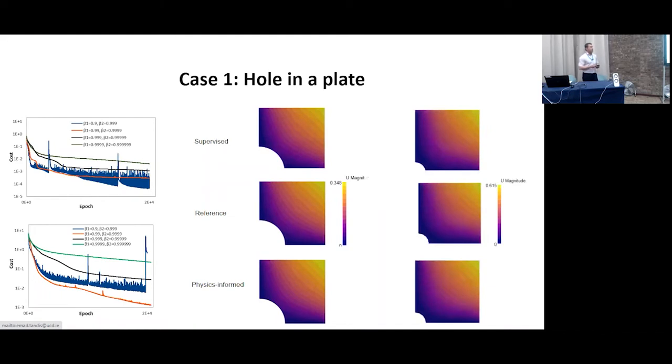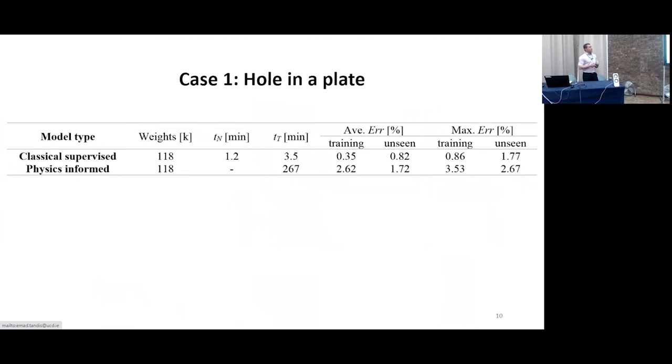And for the second case, these are unseen cases, which means that they have not been in the training process. So in a quantitative way, here we have compared them together. As you can see in the 4th column, the training process for classical supervised requires much less time compared to the physics-informed approach.